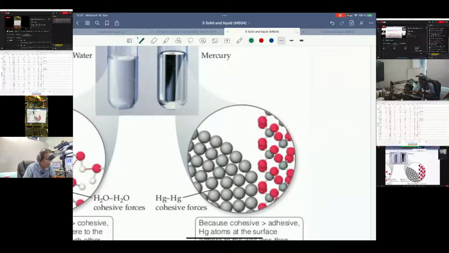Because mercury has dense molecules, its cohesive force is very strong. With this type of molecule, they have high cohesive force. They try to stay together. They don't want to be attached to the glass at all.